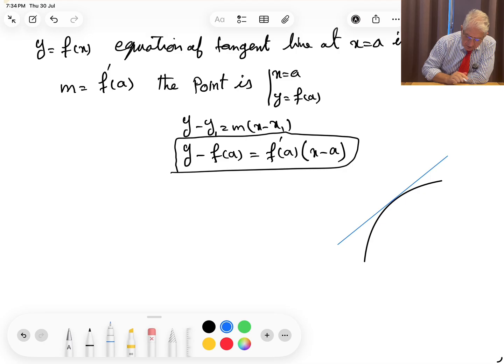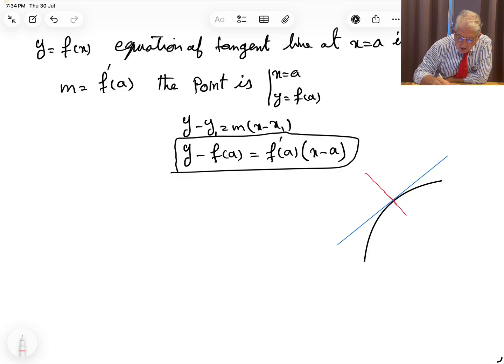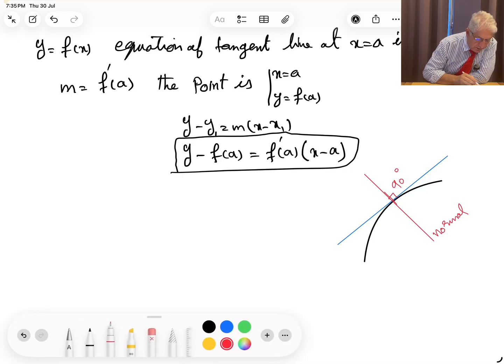Now you have another line which we call normal, which is actually perpendicular to this at this point. Therefore, this is the normal line. This angle is 90 degrees. So this is called the normal line, and this blue color is the tangent line.